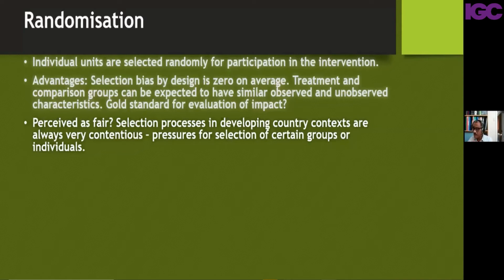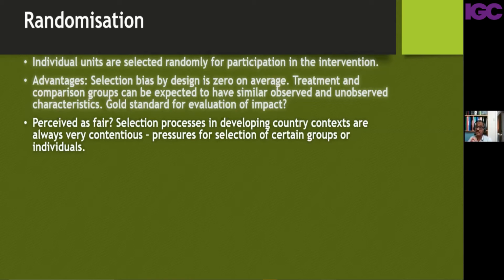Now, it may also be a way of distributing limited resources in a way that is perceived to be fair by the beneficiaries. Suppose you have 100 potential beneficiaries, but funds only for 50 beneficiaries, then randomized selection may at least appear to be fair. You draw a lottery, or you have some other way of generating random numbers and select the participants.